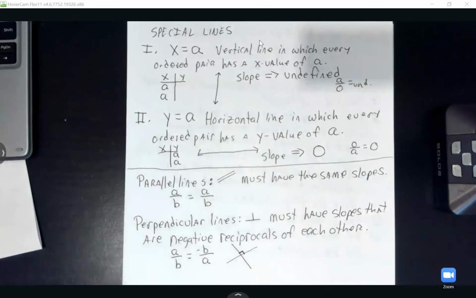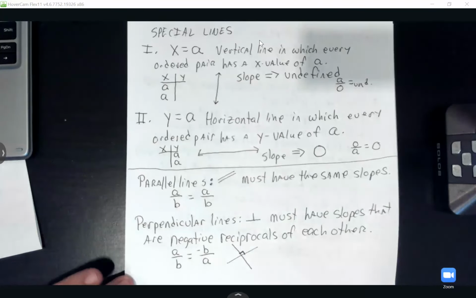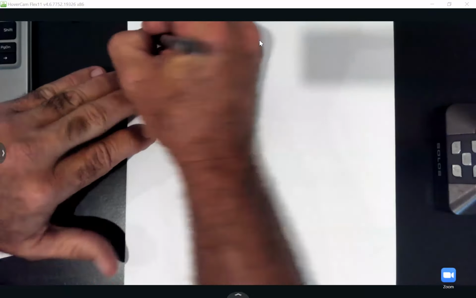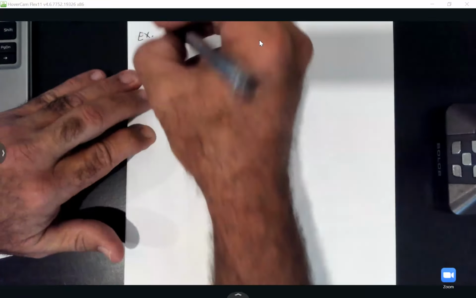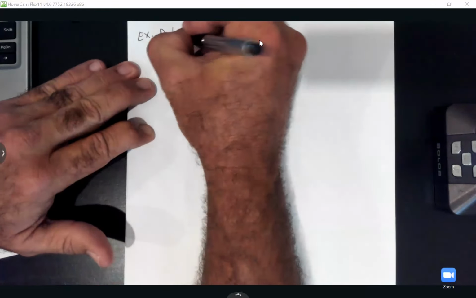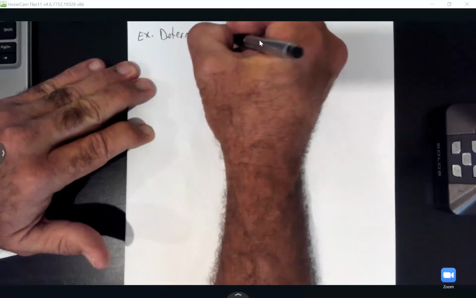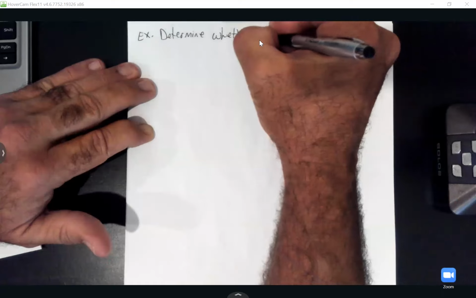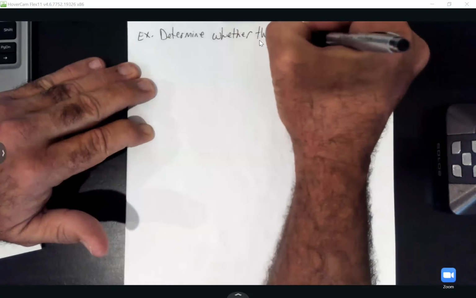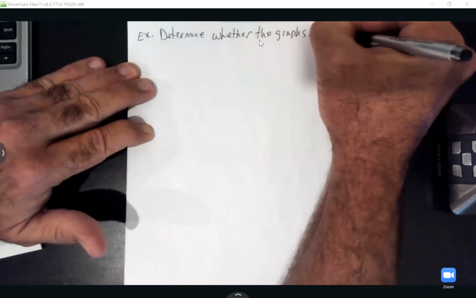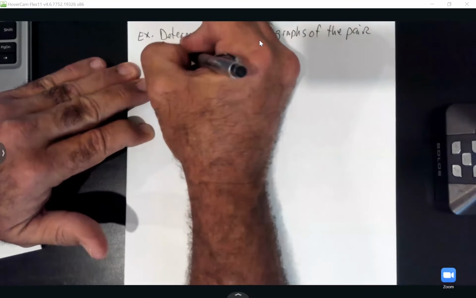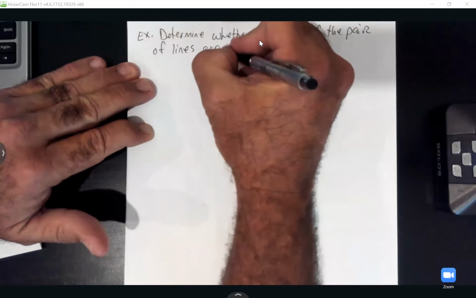So y'all, the last few examples on this section, let's start out doing this example here. They want us to determine whether the graphs of the lines are parallel.